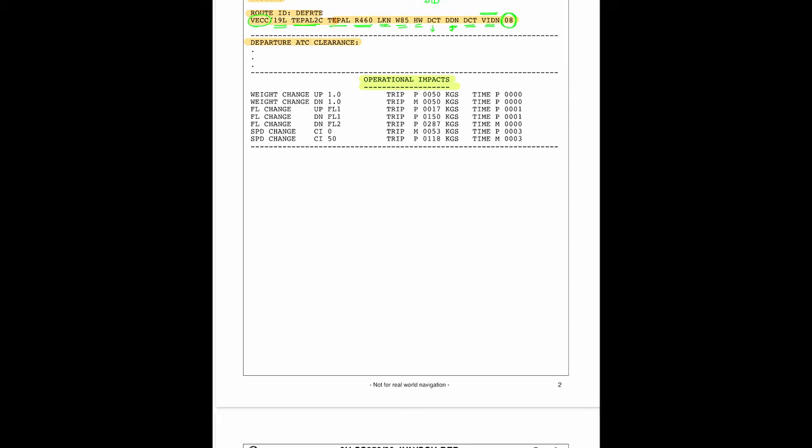Weight change: we take a person's weight as 75 kgs. For a normal person we use 75 kilos per person, so passengers on board times 75 is our passenger weight. Then we add the cargo, then the fuel, and the zero fuel weight of the aircraft.